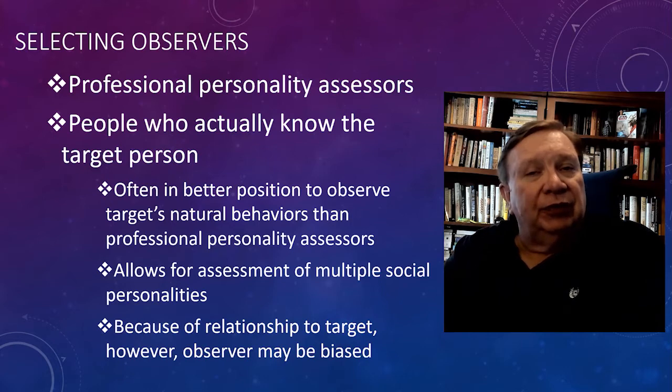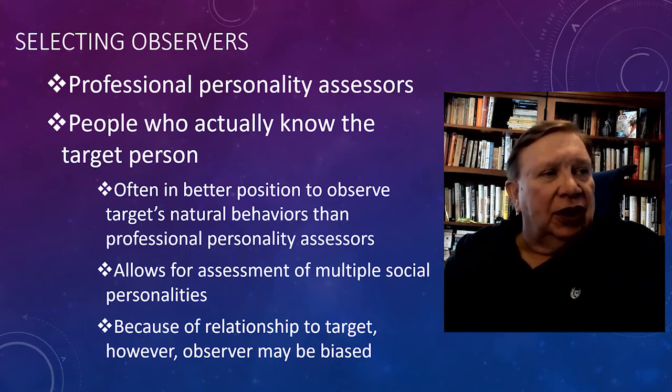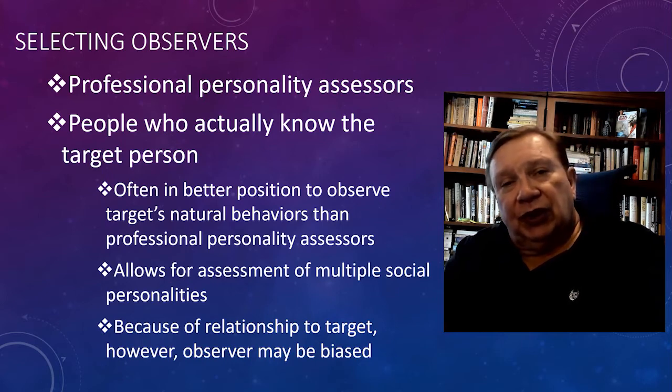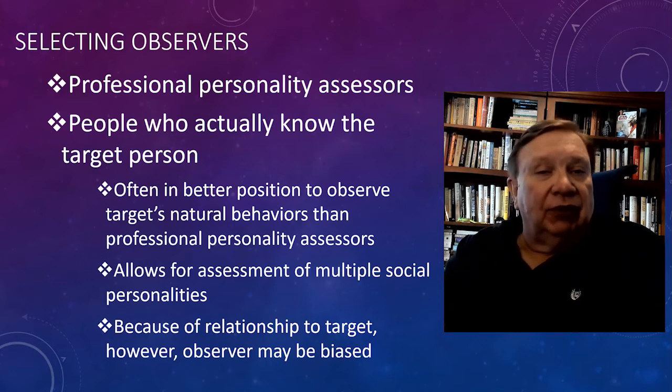And it might even be better than getting professional observers. Using observers that see the person in different situations allow us to look at the potential multiple social personalities of a person. Kind of like Jung's persona.